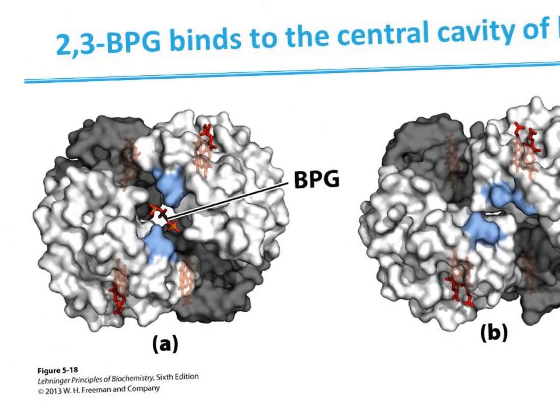So when it's bound here, it stabilizes the T state by getting in the way of the clamping down that would have to happen to switch it over into the R state. So it occupies this little hole and impedes the R state from forming.